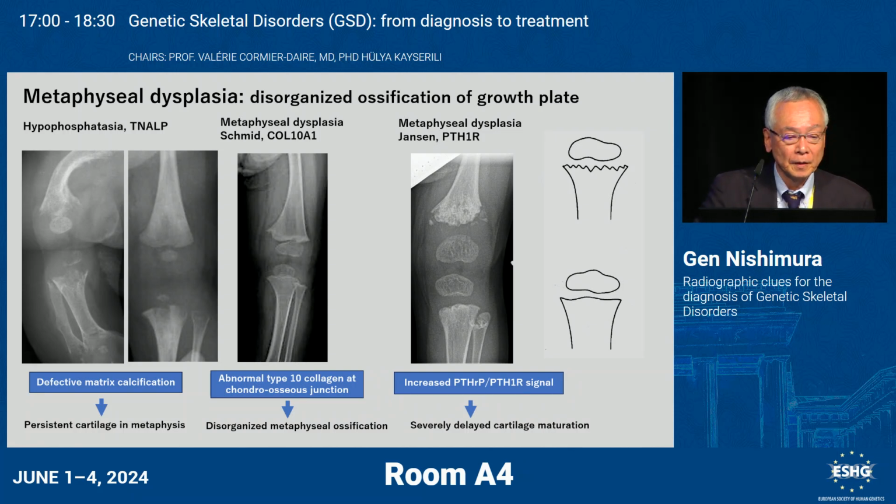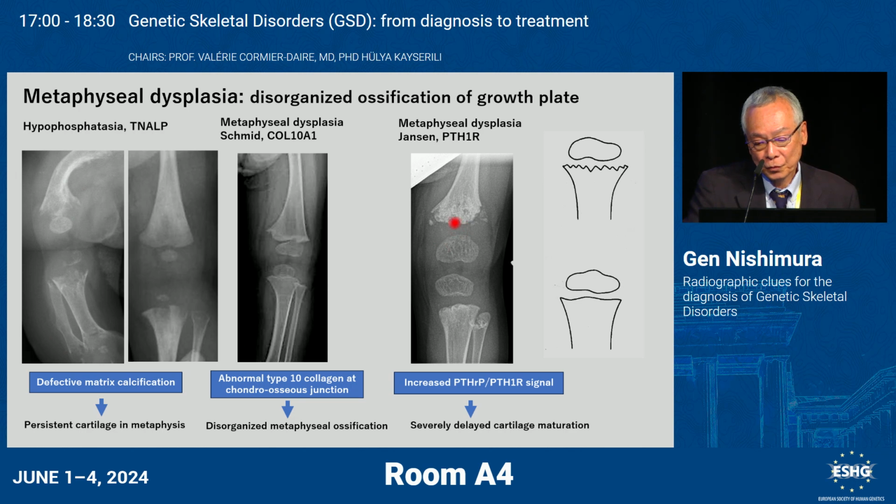Here are three cases: hypophosphatasia, metaphyseal dysplasia type Schmid, and metaphyseal dysplasia type Jansen. In hypophosphatasia, defective matrix calcification causes persistent cartilage and irregular metaphyses. In Schmid, abnormal type 10 collagen at the chondro-osseous junction causes disorganized metaphyseal ossification and irregular metaphyses. In Jansen, increased PTHrP, PTH receptor type 1 signaling causes very severely delayed cartilage maturation.